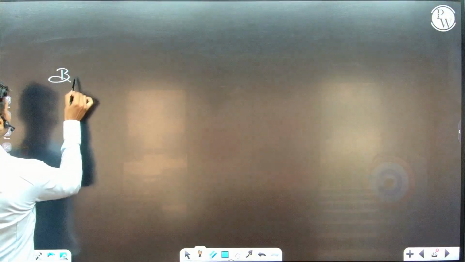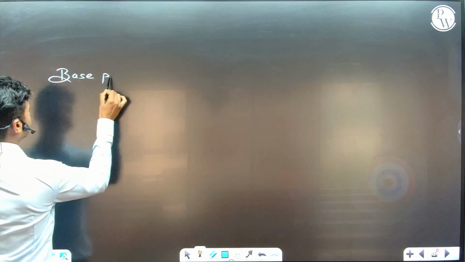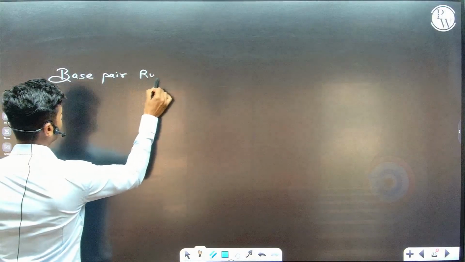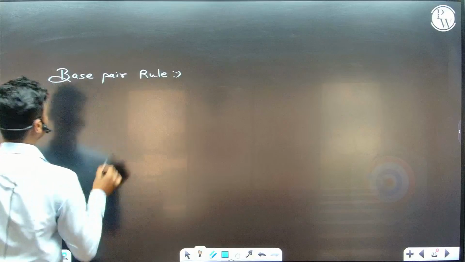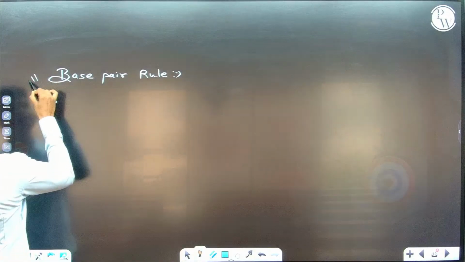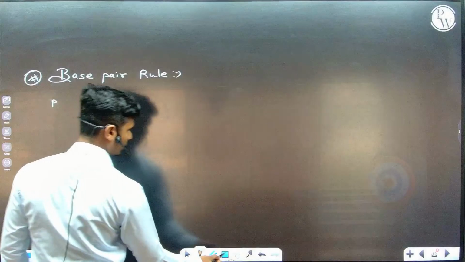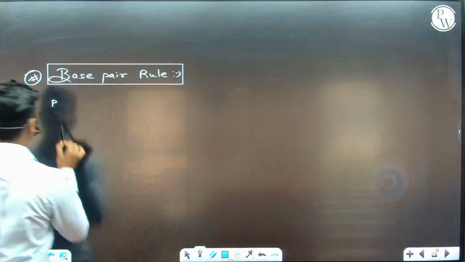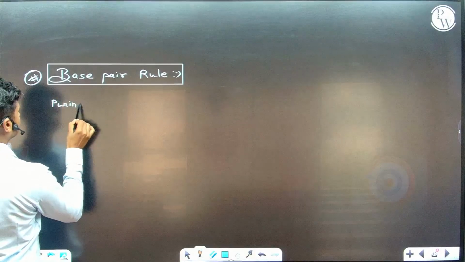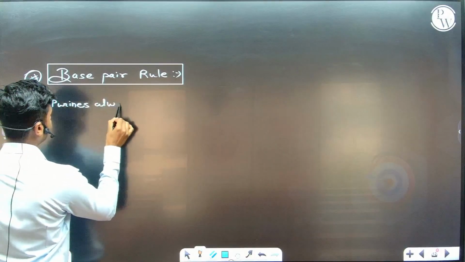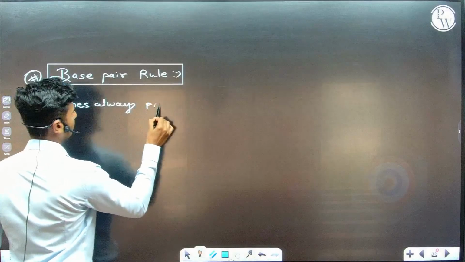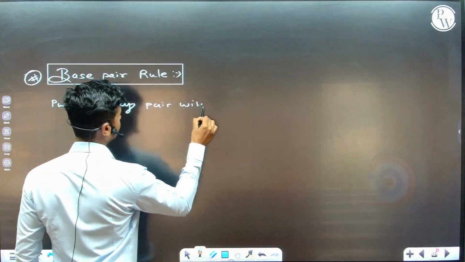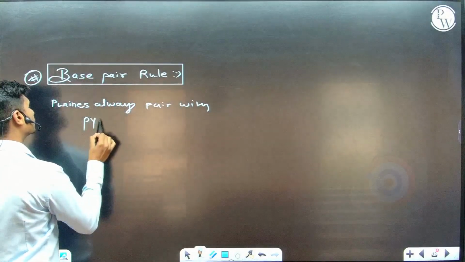One rule is the base pair rule. What does it say? The statement of the base pair rule is that purine always pairs with pyrimidine.